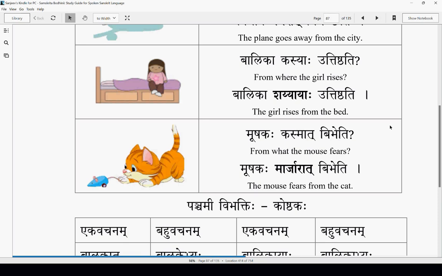Although I have written here 'from', generally it fears from the cat. There is no physical moving away, but at least you can think of it mentally, because there is fear, a mental moving away kind of thing. Psychologically it moves away because of the fear. So in that case also the Panchami Vibhakti is used on the word from which there is a fear.